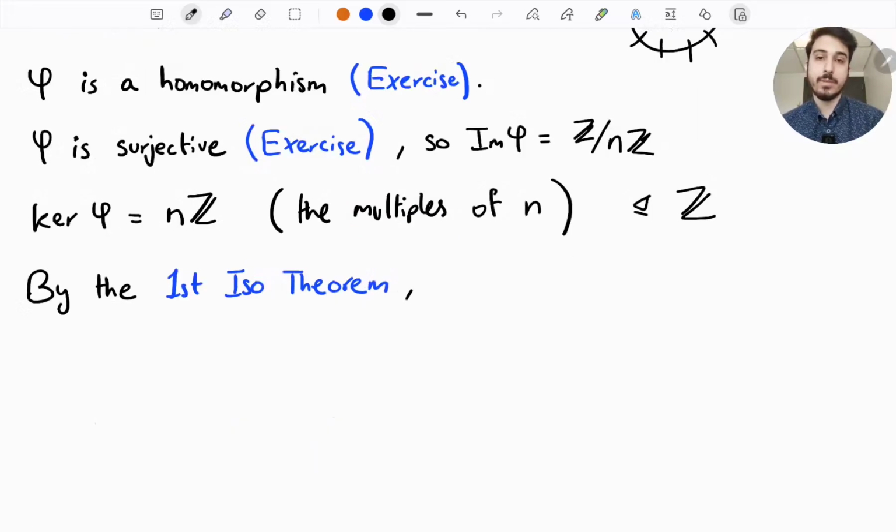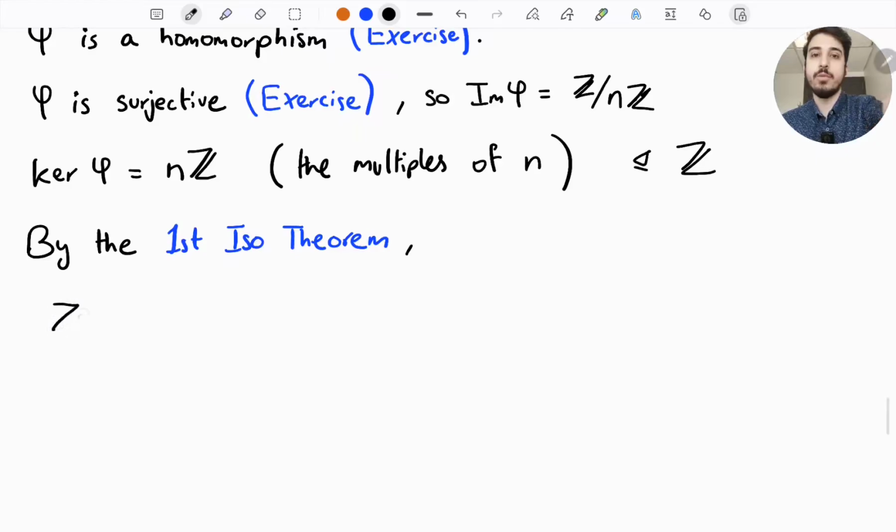By the first isomorphism theorem, we have that the group Z quotient with the normal subgroup ker of phi is isomorphic to the image of phi. What is the kernel of phi? It is nZ. And what is the image? It is said to be all of Z/nZ.